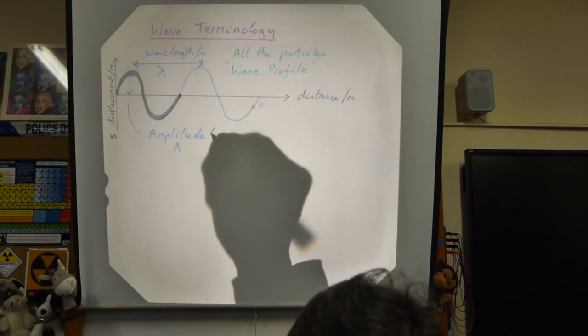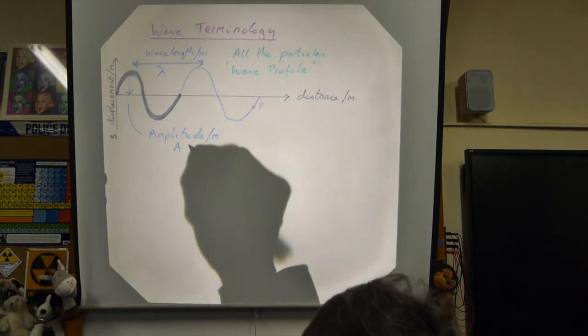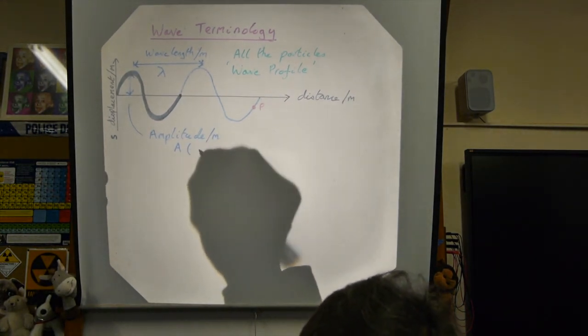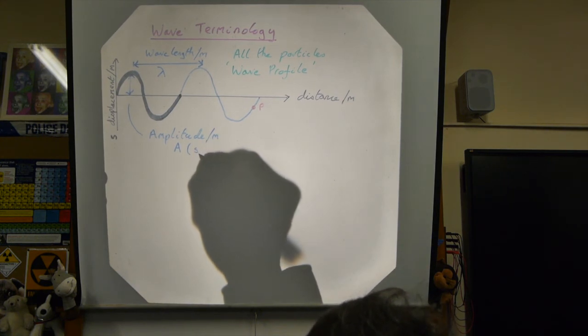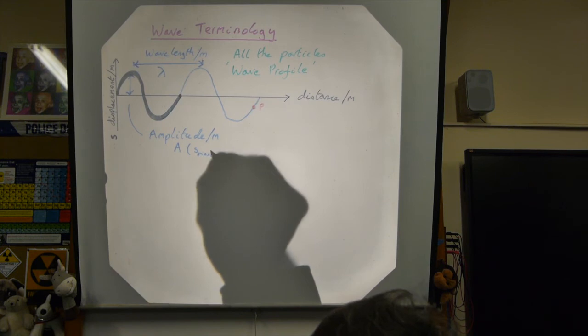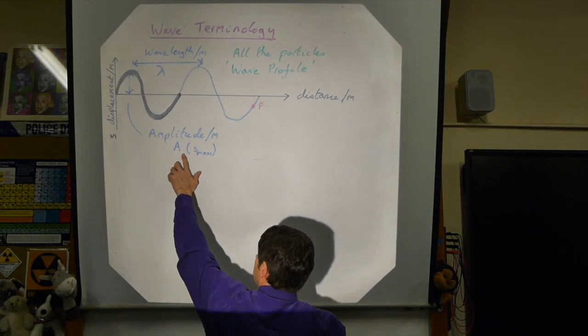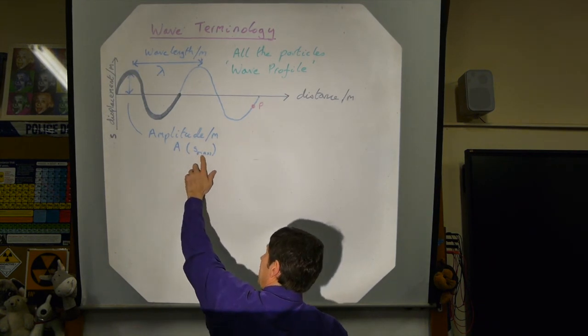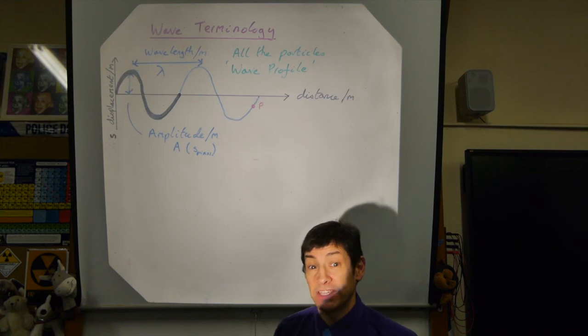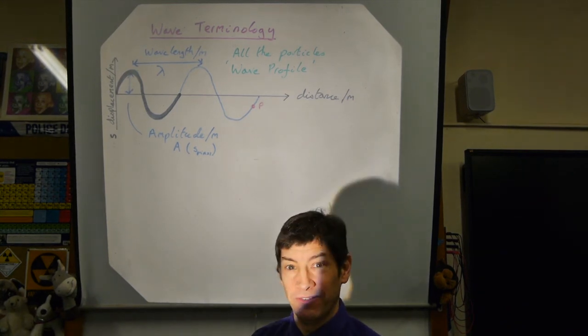And it's measured in metres. And just to make the point, the amplitude is little s sub max. Tricky thing to write, that, okay? The amplitude is where the displacement is maximum and positive.